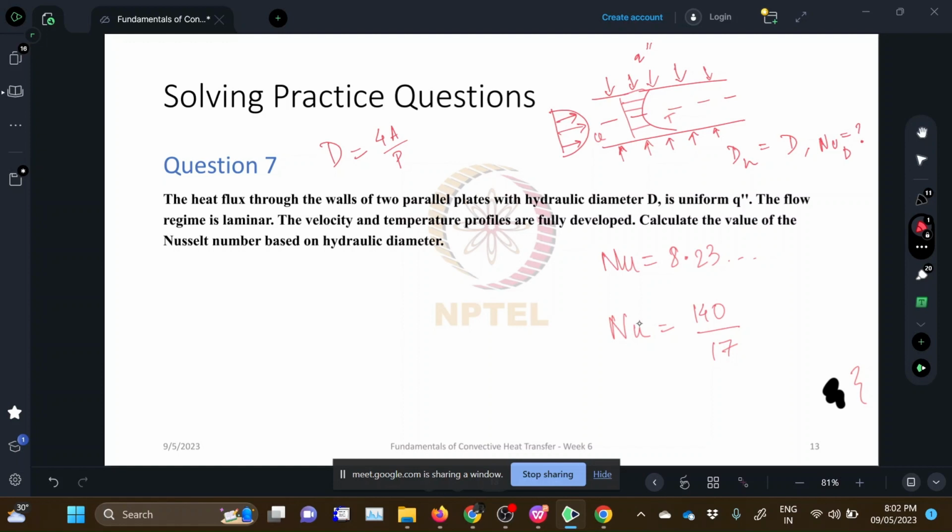Yeah, and the hydraulic diameter in this case is what, 4 into, let's say, if this distance is h from the center line towards both the walls, so the area would be 4 into h and perimeter would be 2. Now the width being the same in both cases, width cancels out, 2 cancels out, so D equal to 2h, that is the hydraulic diameter, and so this Nusselt number is with respect to 2h in this case.